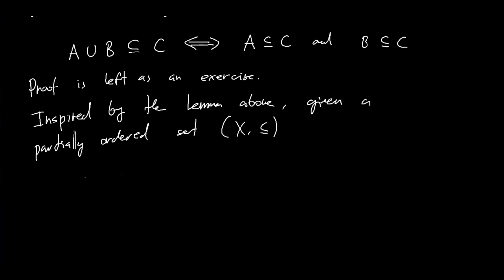So given a partially ordered set X with less or equal being its binary relation, it doesn't have to be, of course, the usual less or equal for numbers. It could be an abstract partial order.